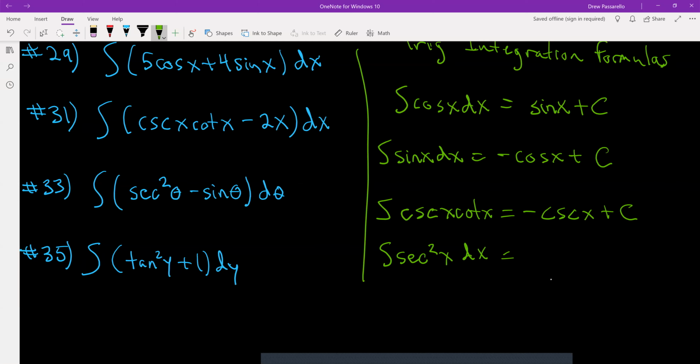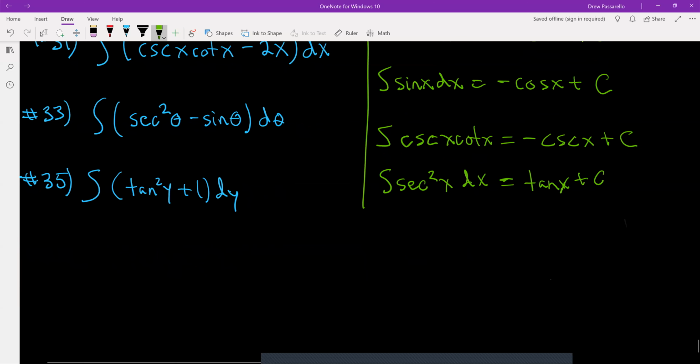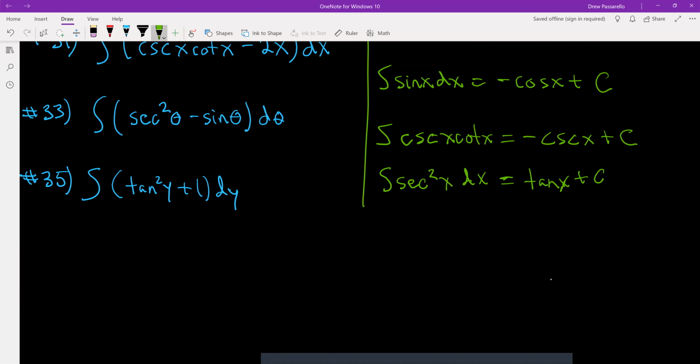That should be tangent, because tangent's derivative is secant squared. So this would be tangent. And there isn't one for tangent squared, at least not what we've learned so far. So there's not a formula for integrating tangent squared.